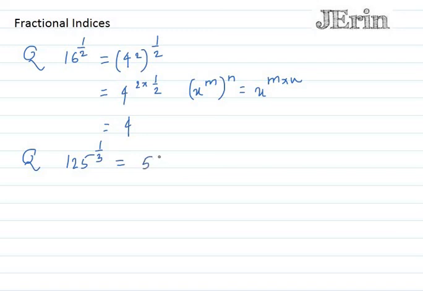Let's say this is 5 cube, the whole raised to 1 over 3. Using the same law of indices, this can be written as 5 raised to 3 into 1 over 3. 3 and 3 cancel out, and we are left with 1. So this is 5 raised to 1, which is basically 5.